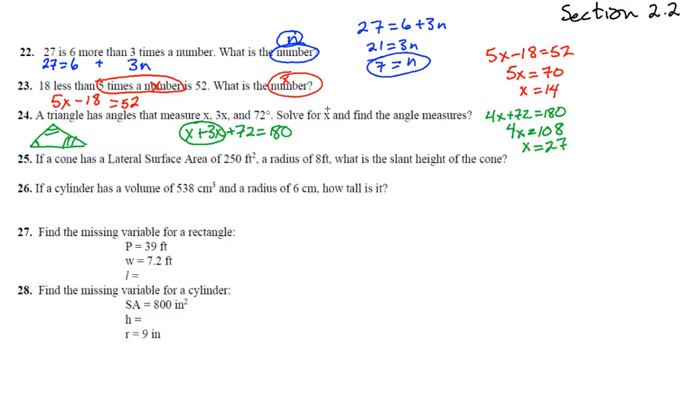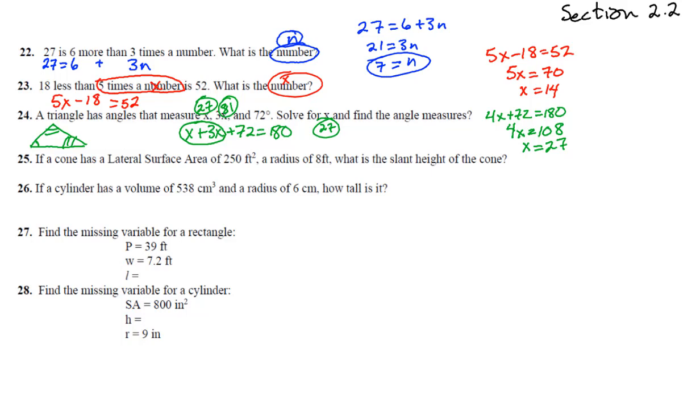Now, we solved for x. We got that to be 27. Excellent. Now, that means the measures of the angles are 27, 3x, then, 3 times 27 is 81, and 72. And we could actually check that to see if 27, 81, and 72, if we add those three up, they do indeed add up to 180 degrees.